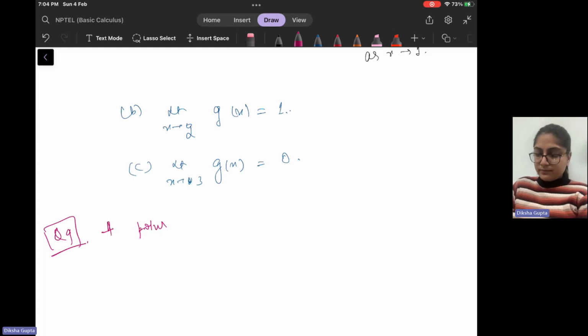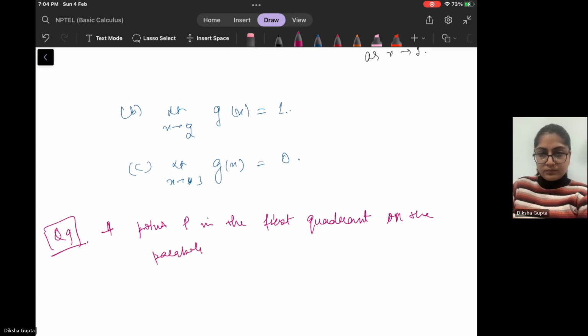A point P in the first quadrant on the parabola y equals x square. Point P in the first quadrant lies on the parabola y equals x square.